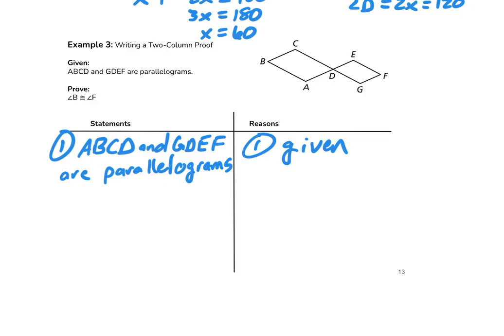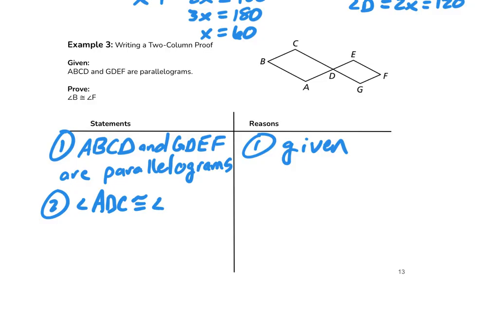And I'm going to use that because we're talking about an angle on this parallelogram and an angle on this parallelogram. We're going to use it, right? And so that's going to be one of my first things here. I'm going to say angle. Now I can't just call this angle D, right? What would I call this angle right here? Yeah, I could either go CDA or ADC, but you got to use three letters. And so I'm going to call it angle ADC is congruent to angle, and same thing for the one on the other side.